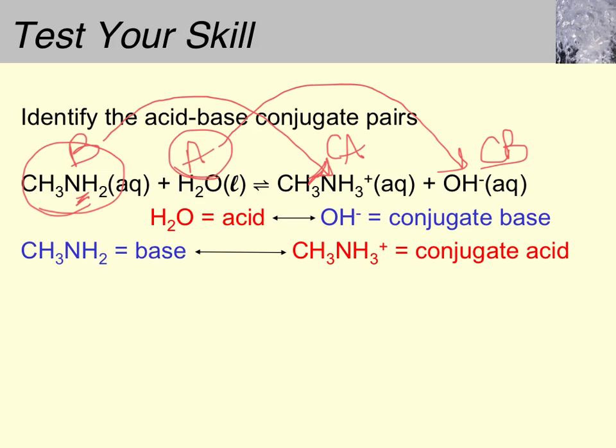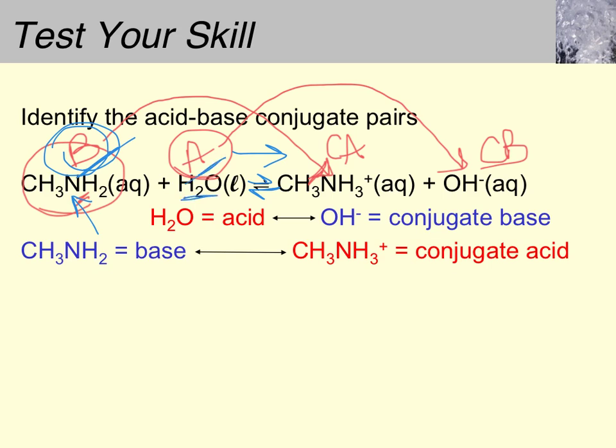Now the whole reason we're talking about conjugate acids and bases is because many acid-base reactions are in fact reversible. And so if the reaction that we're looking at right now were to go in the forward reaction, the nitrogen-containing substance would act as the base and the water would act as the acid.